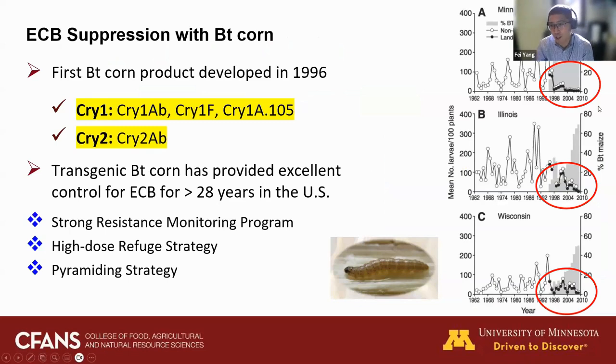If you look at the figures here, the red circles are the population densities after adoption of Bt technology. You compare these to previous ones, and you can see it is significantly reduced. That means these Bt technologies are very effective for management of ECB. So currently we have Cry1 and Cry2 Bt proteins in the market for management of European corn borer.